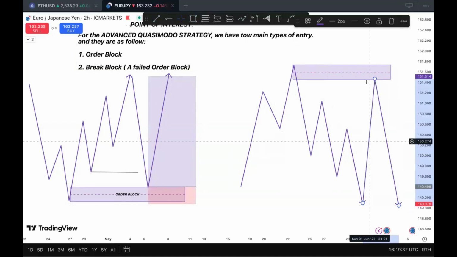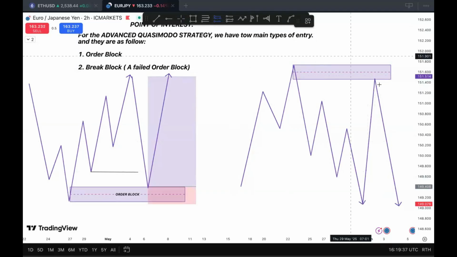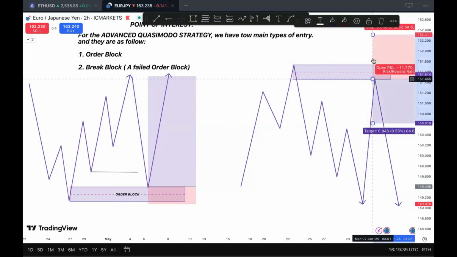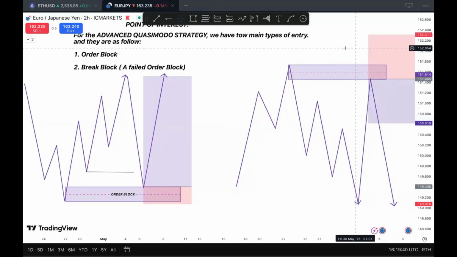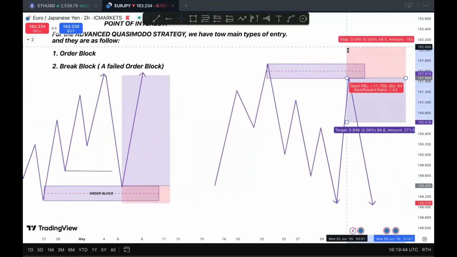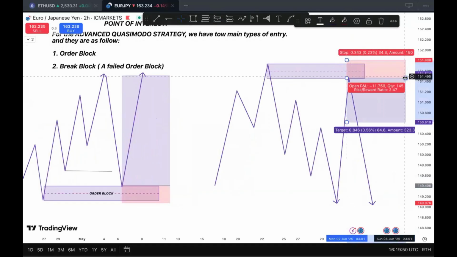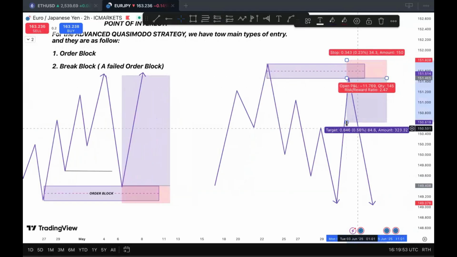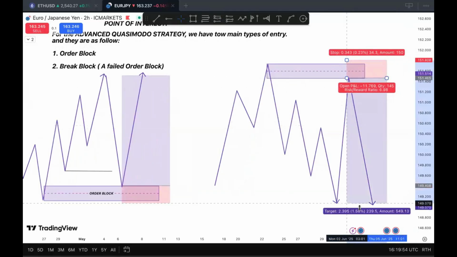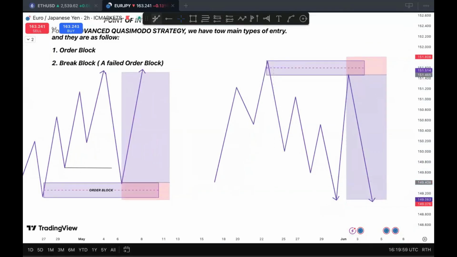It comes into the supply zone, which is the order block, and starts selling. So you want to place your order exactly at the order block, and your stop slightly above the protected high. And then your target is the recent low. Remember, this is our structural liquidity for a sell.